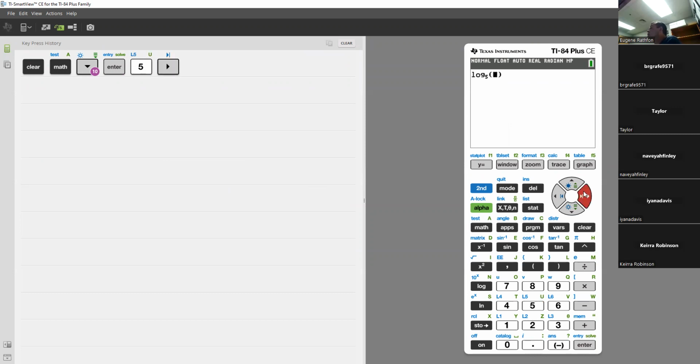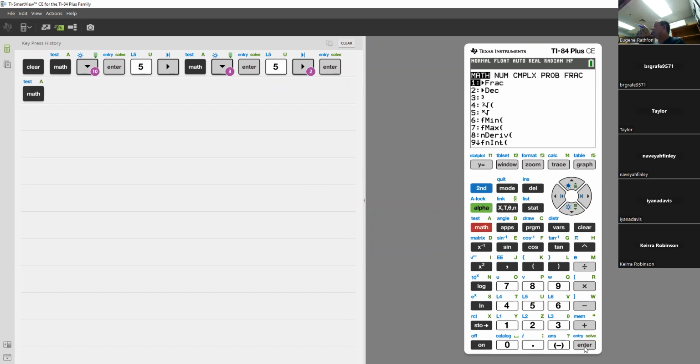To get a cube root on this calculator, you hit math, and option number 4 is a cube root. So you would hit enter and then put your 5. And y'all, that looks just like it. Log base 5 of the cube root of 5. Guess what? When we hit enter, I'm getting a decimal, but I'm going to turn that decimal into a fraction by hitting math and enter twice. So I get a 1/3.